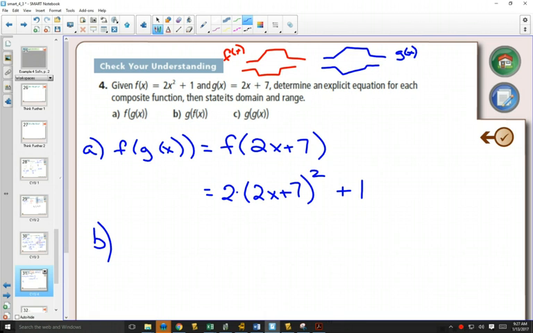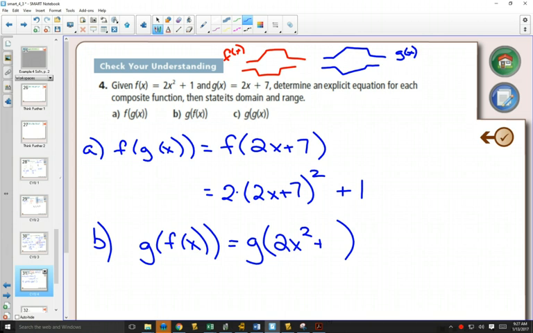B is g of f of x. That means you would do f of x first, then g of x, and find out what your new machine would be then. Well, if we did f of x first, if you plug an x into f, what comes out? 2x squared plus 1.